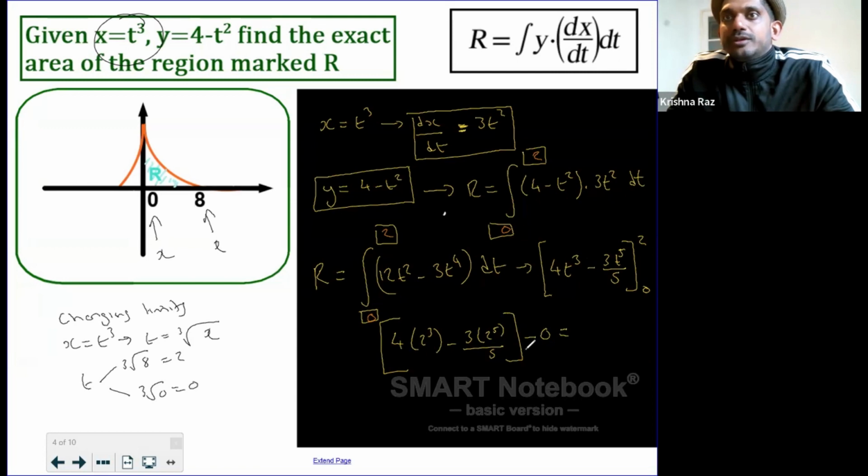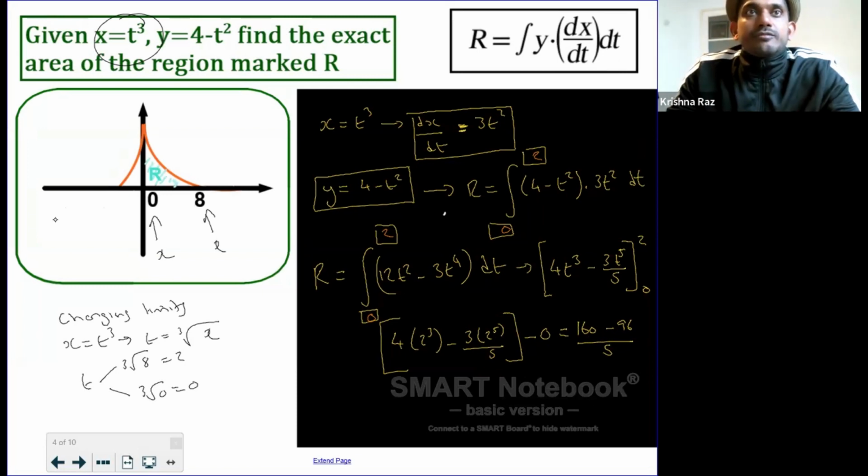That will equal something we can put on the calculator. 8 times 4 is 32. 32 times 5 is 160. 32 times 3 is 96. So we've got 64 over 5.